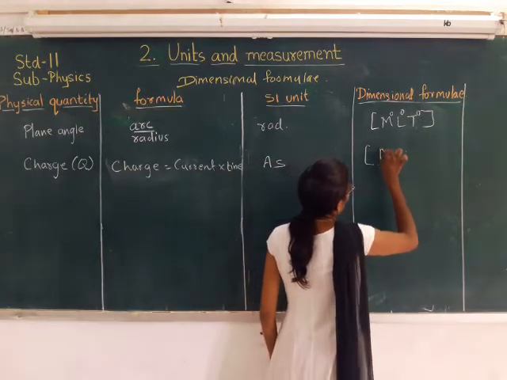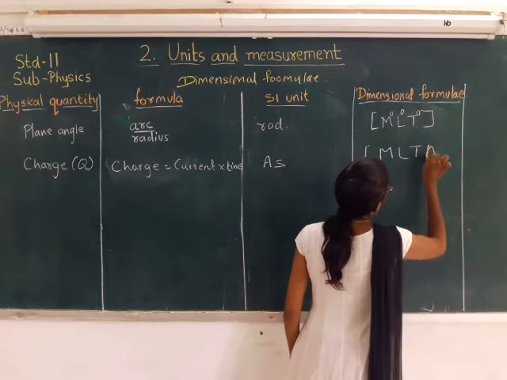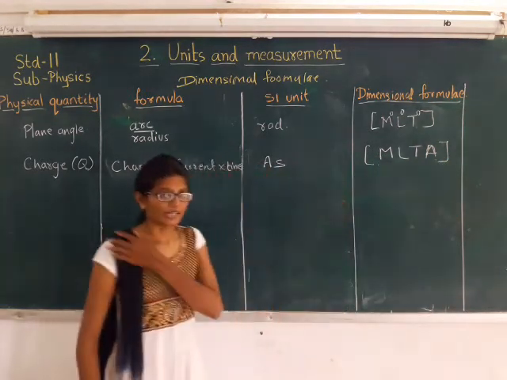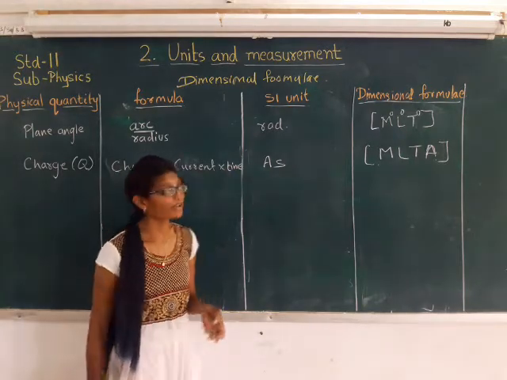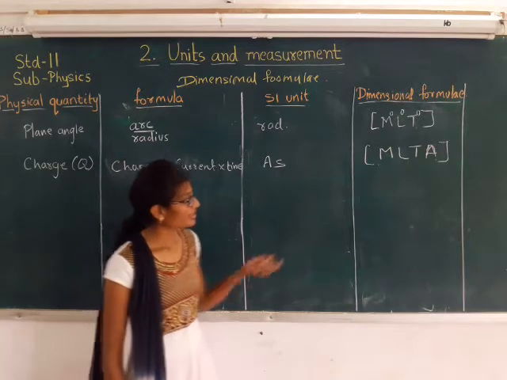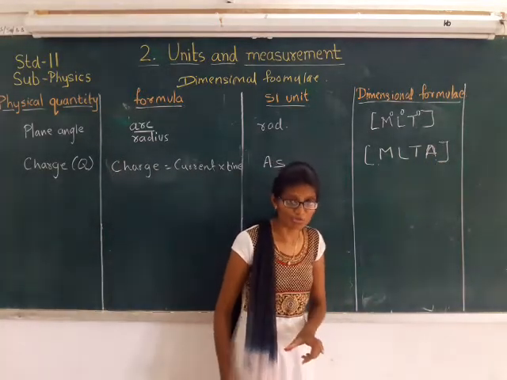That is, apart from M, L and T, we need to write A for any of the electrical physical quantities. If you are taking potential difference, resistance, charge, or electric current, you need to write A over here in the dimensional formula.